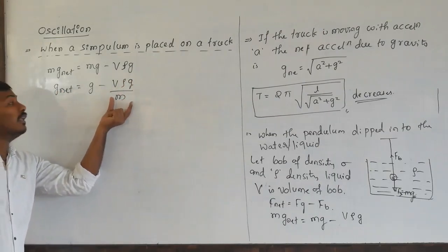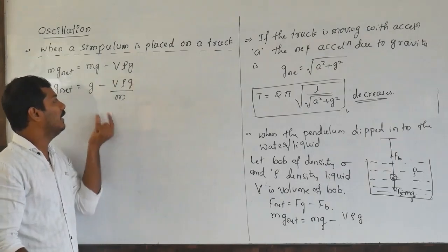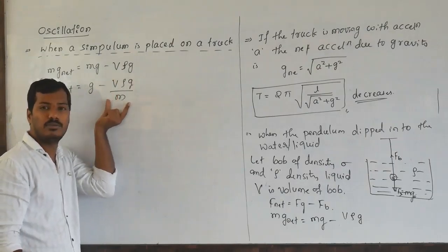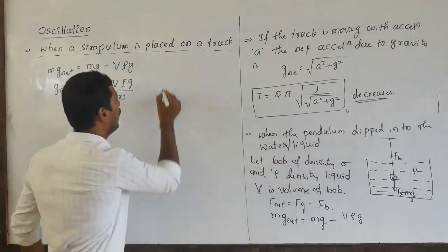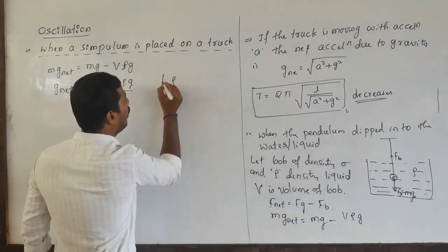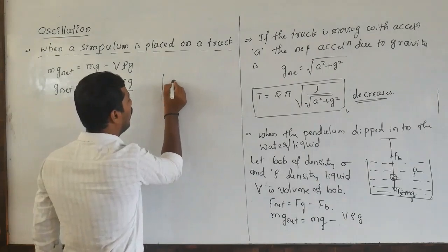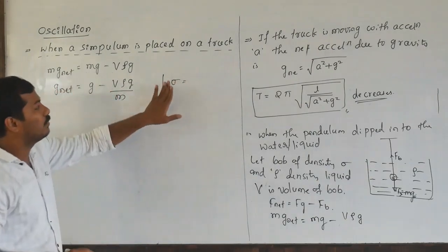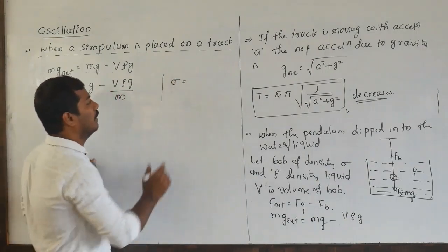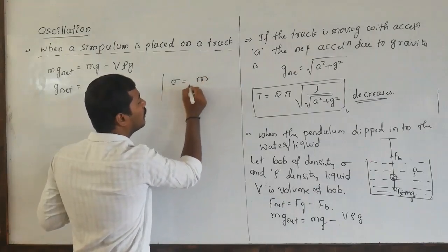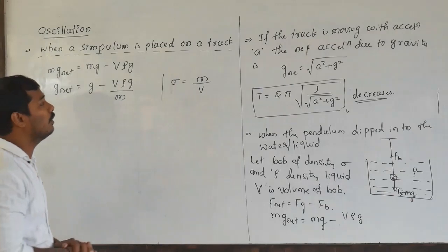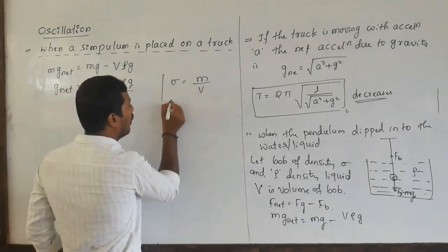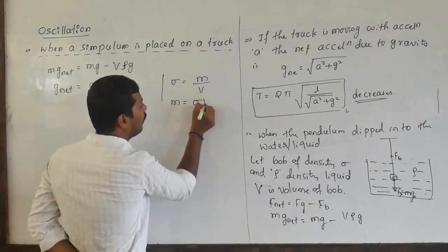This M in this condition is nothing but the mass of the bob. The density of the bob is called sigma. Sigma is equal to the mass of the bob divided by its volume. Then mass is equal to sigma into volume.